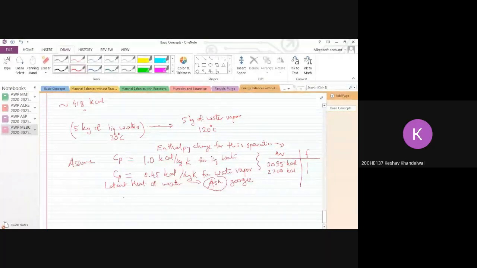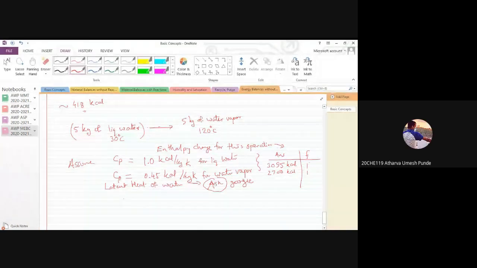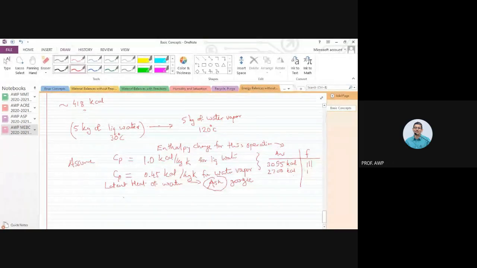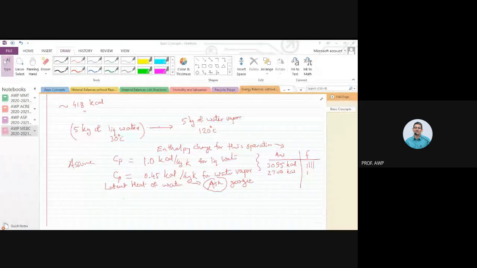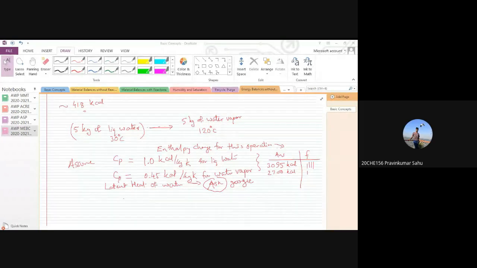Sir, I got the same as 3095. Three answers for 3095. Who got this 2700? Yeah, Rishikesh. Sir, he only calculated the latent heat energy. I don't know whether 3095 is right or 2700 is right.